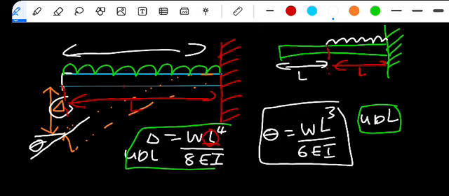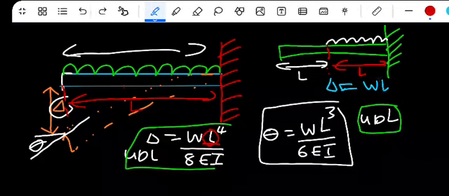But now, if you are given this, how do you calculate the deflection? The deflection, we know, will be W L. Our L now I will write in red to show which one I'm talking about.